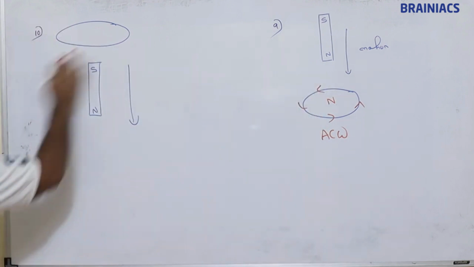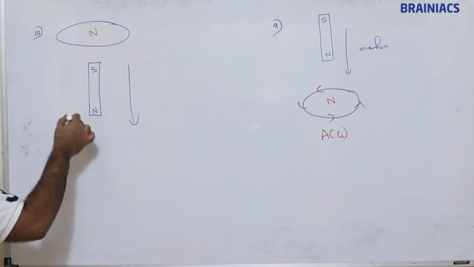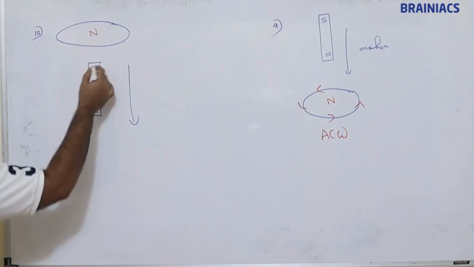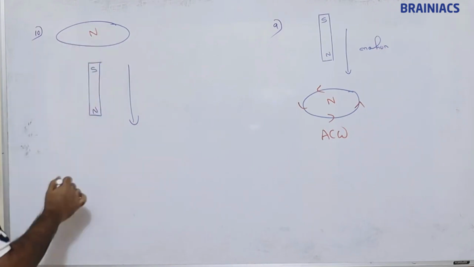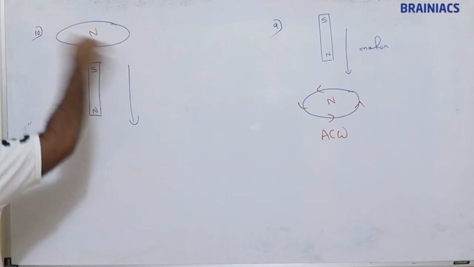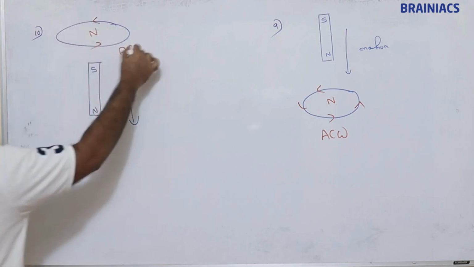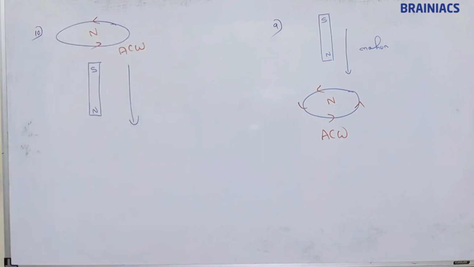So in order to attract south pole, we should make north pole. North pole means anti-clockwise current, so anti-clockwise current will be formed there.